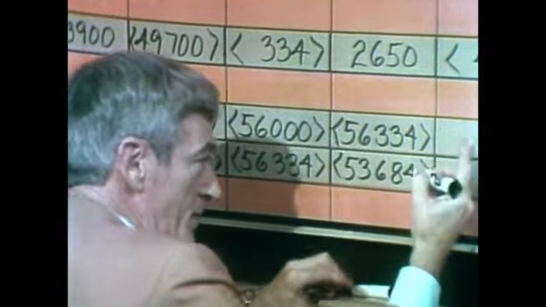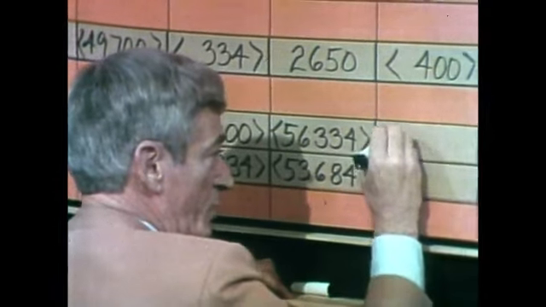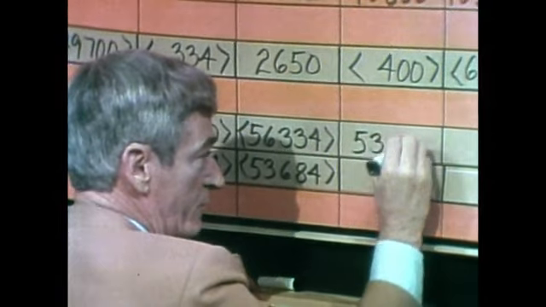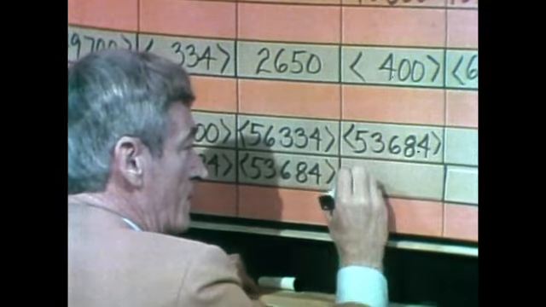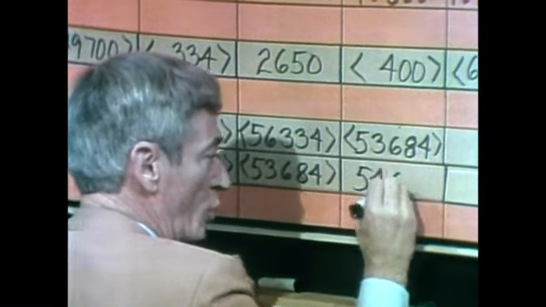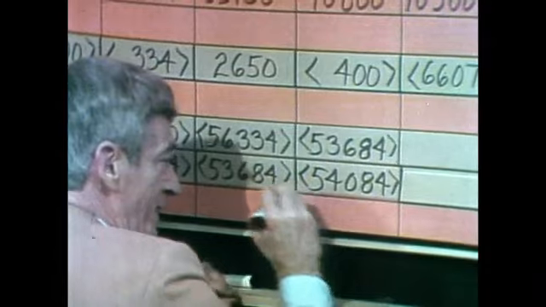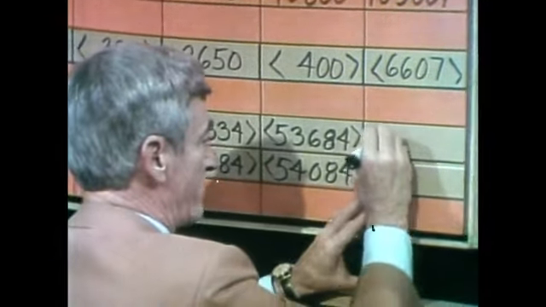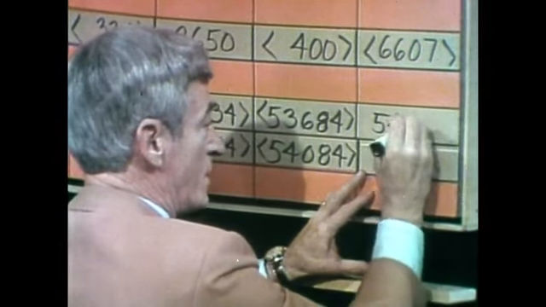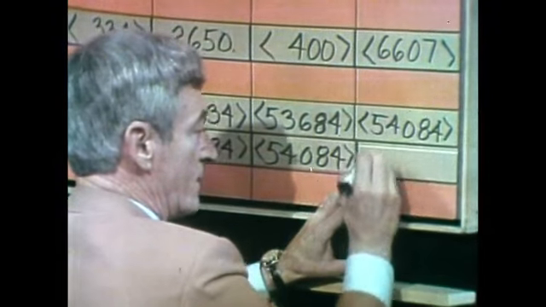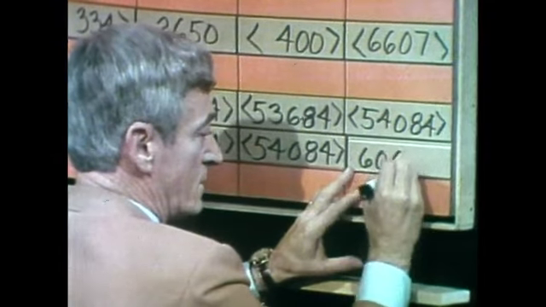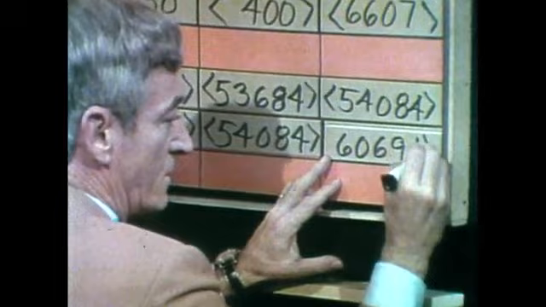Now, that's going to become the beginning balance next month, $53,684. And in month number 6, the ending balance is $54,084. But that's an overdraft too. Yes, that's an overdraft. We start month 7 with $54,084. And we end up $60,691 overdraft down at the bank.